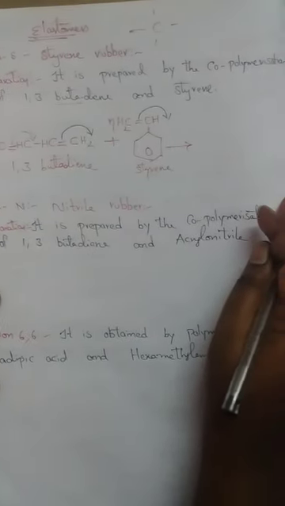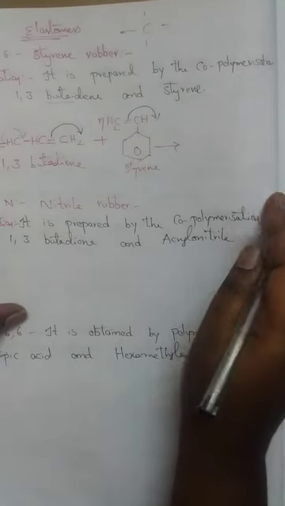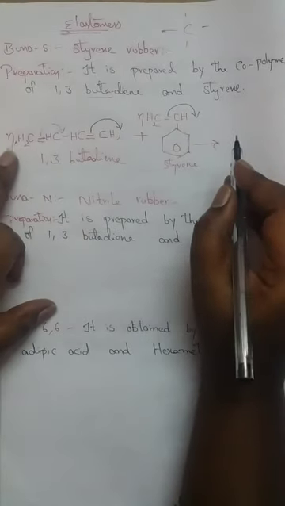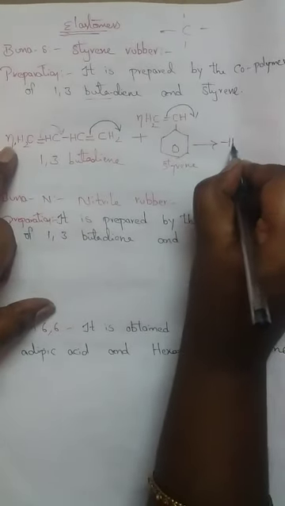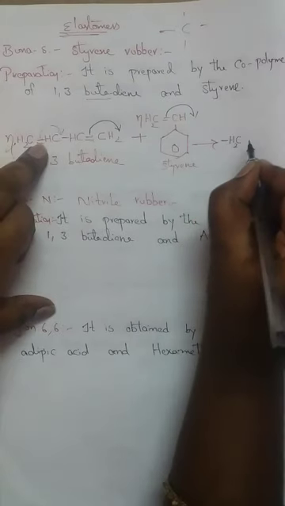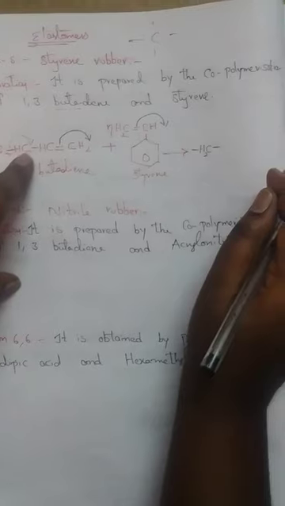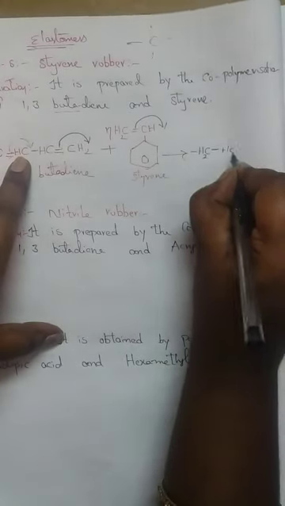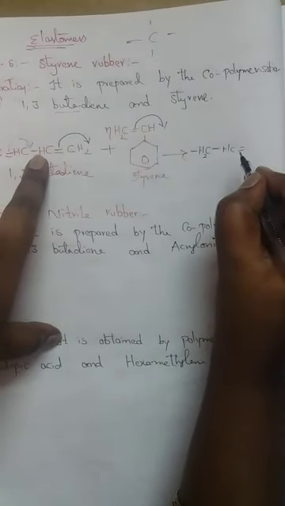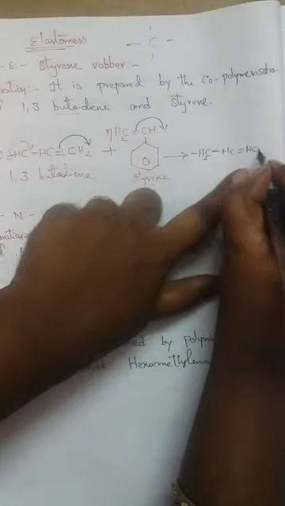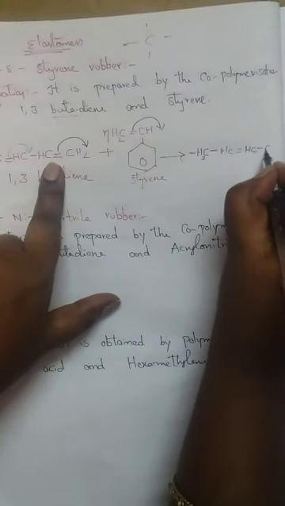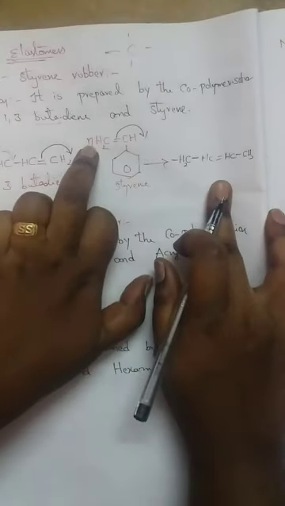Let's write the answer. How? See here, single bond consisting of CH2, C, single bond. Why? Because the double bond shifted here. HC, so here double bond. Okay, HC. See here single bond CH2, and CH2 can be attached from here.